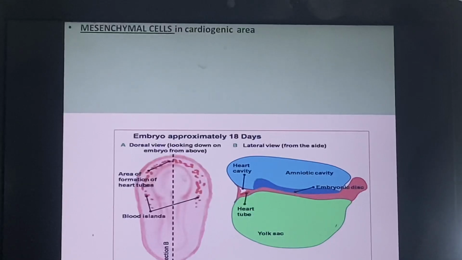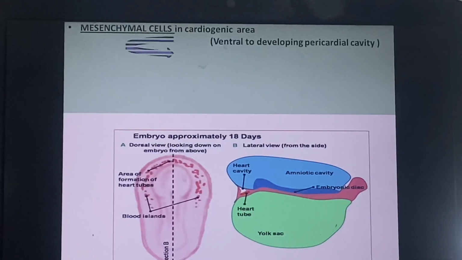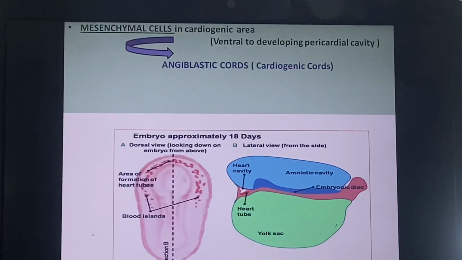Now, how does the story begin? The mesenchymal cells in the cardiogenic area, ventral to the developing pericardial cavity, condense to form the angioblastic cords, also called cardiogenic cords.